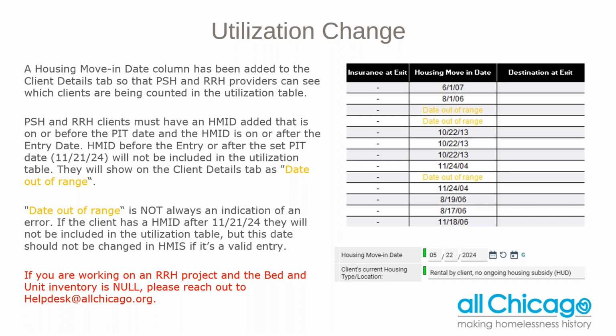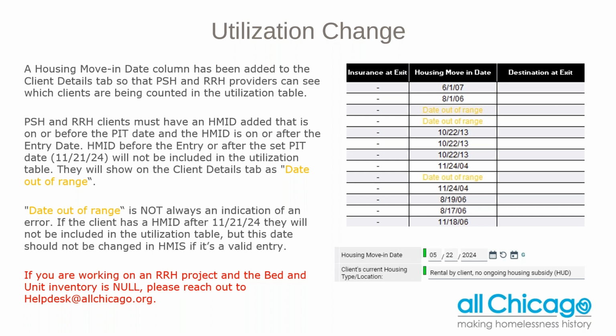So when you run the utilization reports that are currently available, you should see a percentage for Rapid Rehousing projects for utilization. It should have an inventory, and the inventory should reflect the last time that we received that information, which would have been the 2024 housing inventory count. So that should reflect what was submitted then.